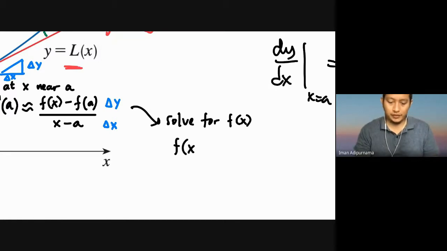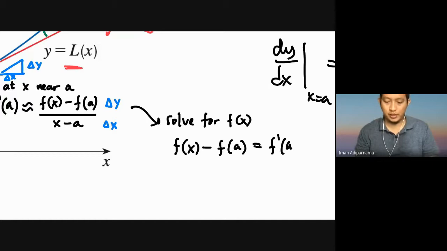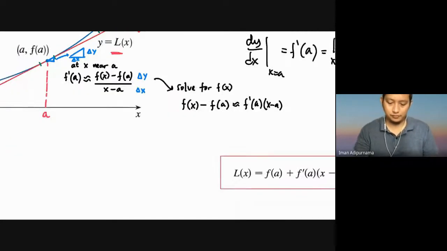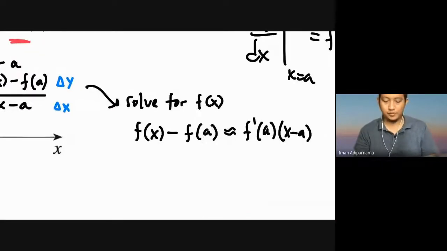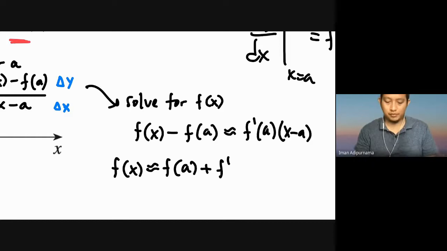We will have f of x minus f of a is equal to f prime a times x minus a. Let's take this approximately. We can have f of x is approximately f of a plus f prime a times x minus a.